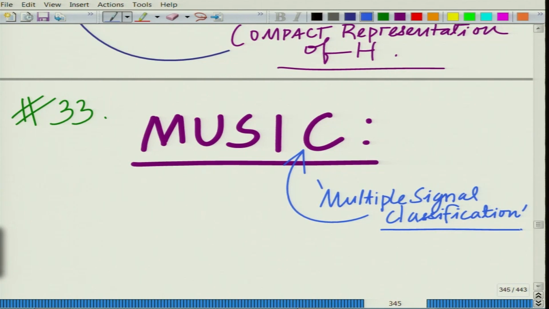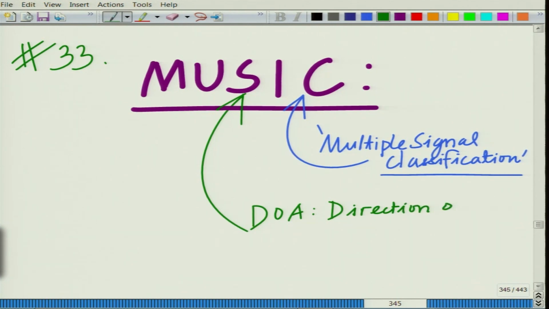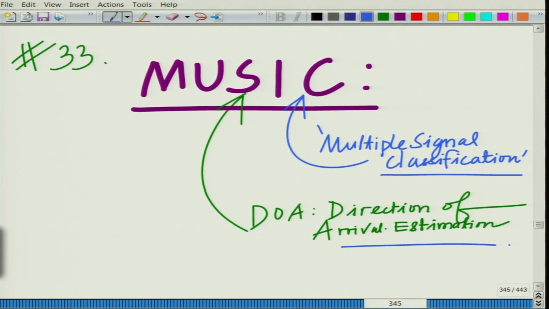Multiple signal classification. And what is the MUSIC algorithm used for? This is used basically for DOA, or direction of arrival estimation, which has naturally significant applications in practice, that is to estimate the direction of arrival of a particular signal.